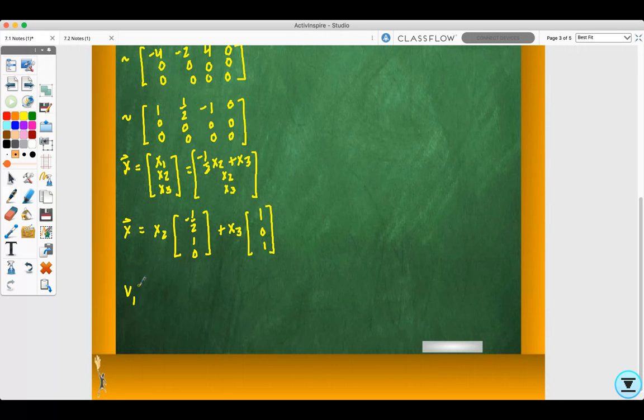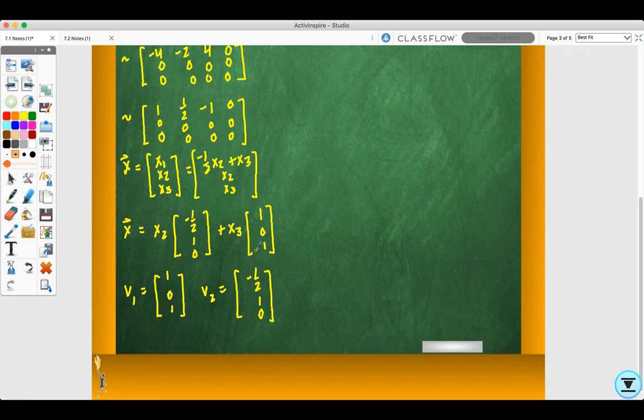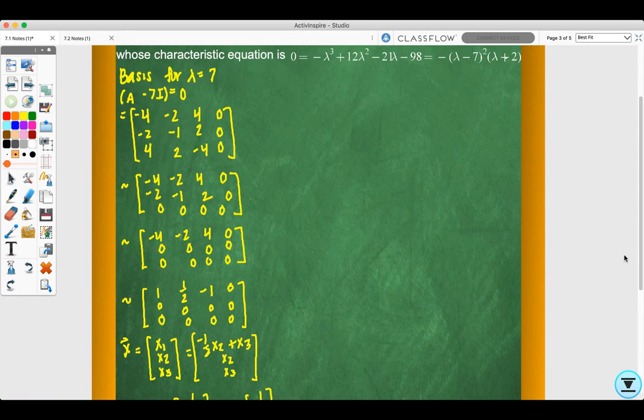So V1, as we'll call it, is (1, 0, 1), and V2 is (-1/2, 1, 0). So now we need to do the same for lambda equals -2. We need to find the basis for lambda equals -2.